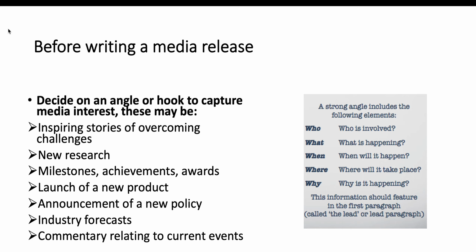So again, before writing a news release, you need to think about an angle or a hook, just like writing a news story. This could be inspiring stories that overcome challenges, new research, milestones achieved, the launch of a new product, the announcement of a new policy, an industry forecast.